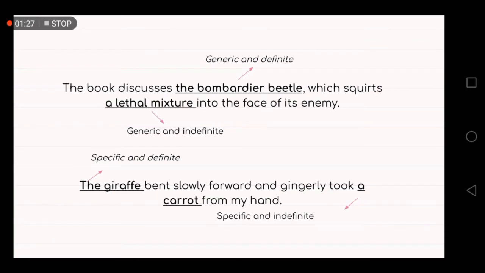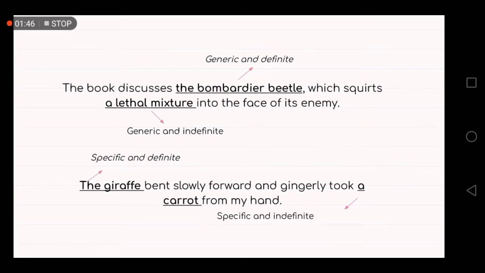Note that the generic and specific contrast is different from the definite and indefinite contrast. Let's use this example again. The book discusses the bombardier beetle, which squirts a little mixture into the face of its enemy.